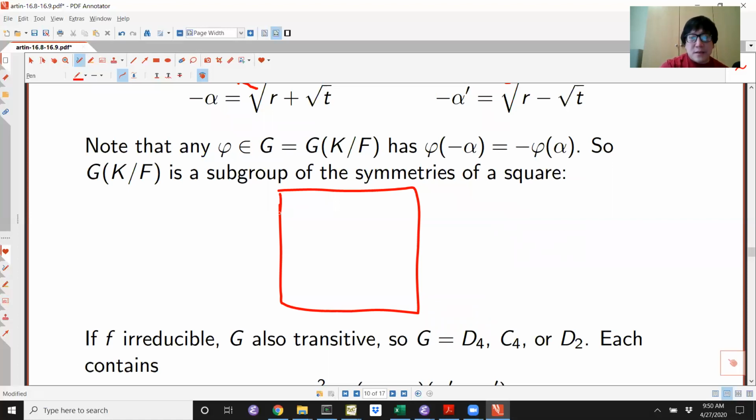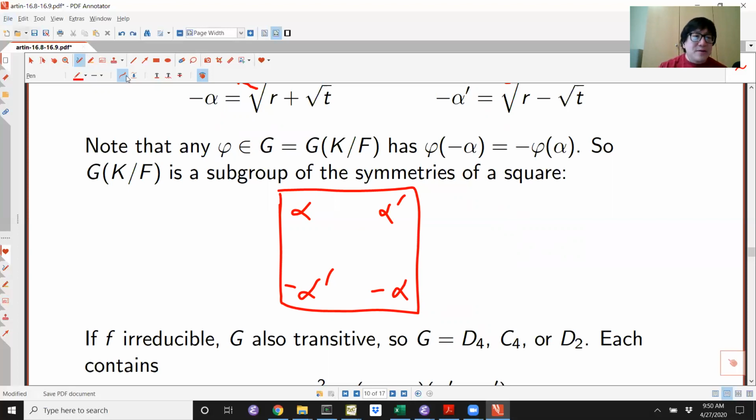What happens is if you have alpha over here and you have minus alpha over here, and say you put an alpha prime over here and then minus alpha prime over here, whatever happens in the Galois group must preserve that opposition, which is the same thing as saying that you preserve the diagonals.